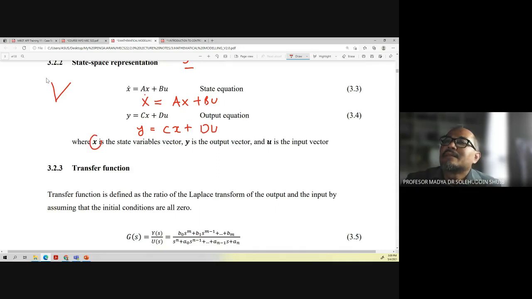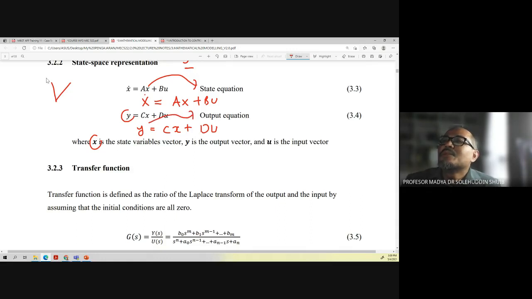Here x is a state variable vector, and y is the output vector.